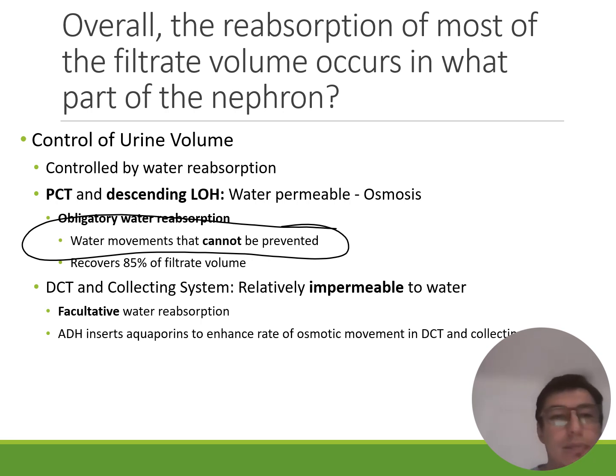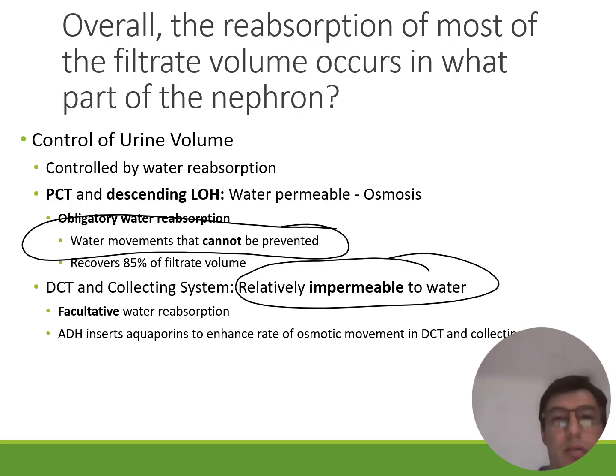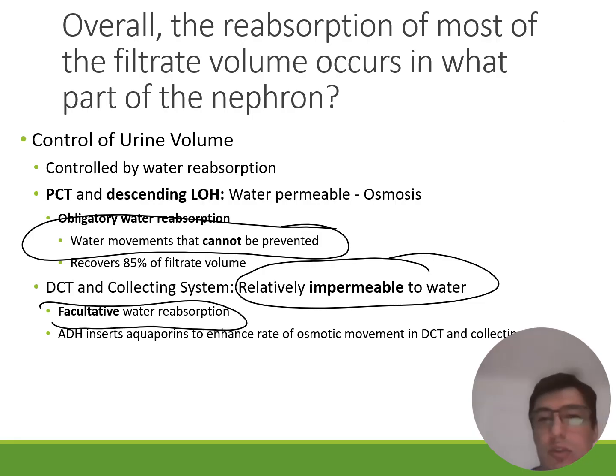All right. The distal convoluted tubule is impermeable to water. We're not making changes of water there. Instead, we're actually using active transport to get rid of ions. We could also bring some water in, but that has to be through hormonal action once we get into that distal convoluted tubule.